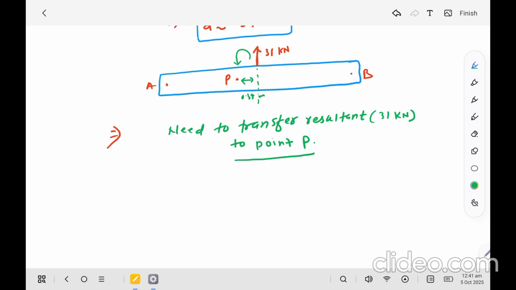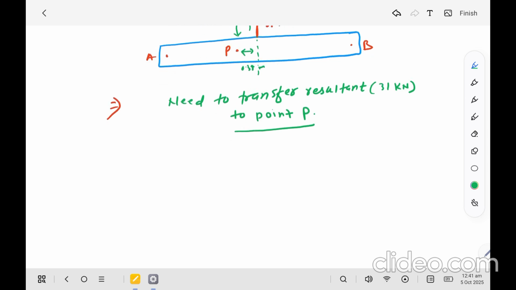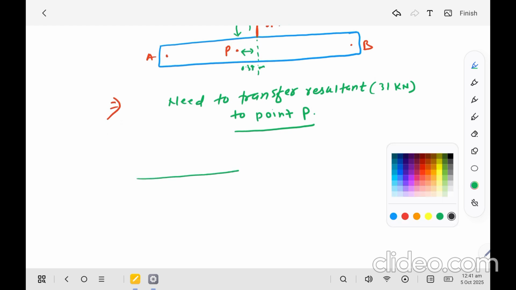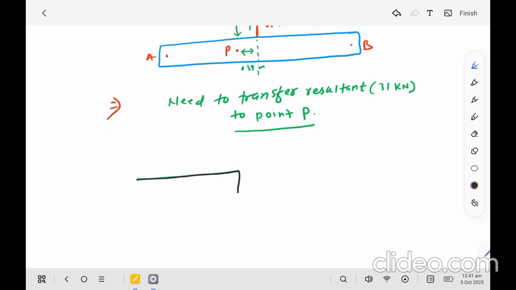We can transfer this 31 kilonewton force to point P with a force and a couple.